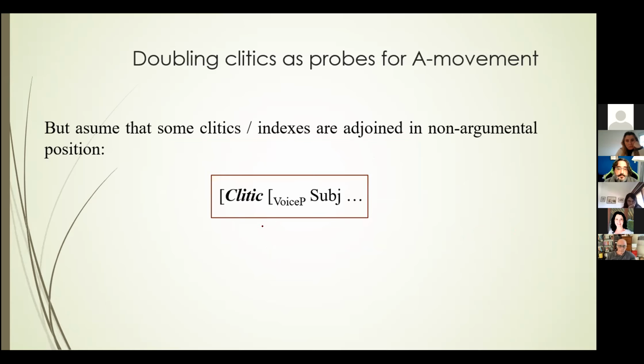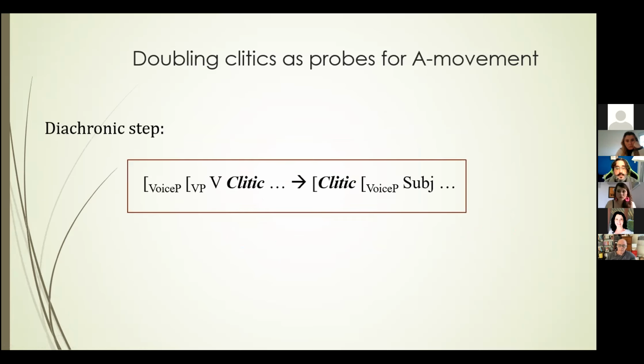Well, this is still an index, an index adjoining to an expletive position or a non-argument position, caused by a process of functionalization or grammaticalization of the clitic. This arrow here indicates the process of diachronic change. This is what happened in Rio Platense Spanish with clitic doubling.